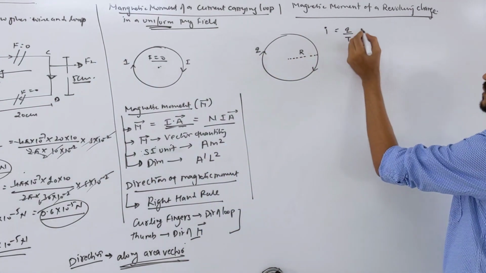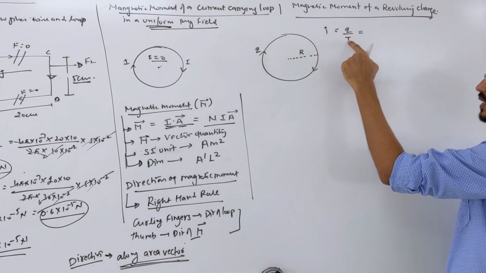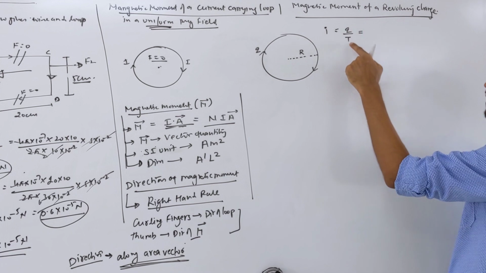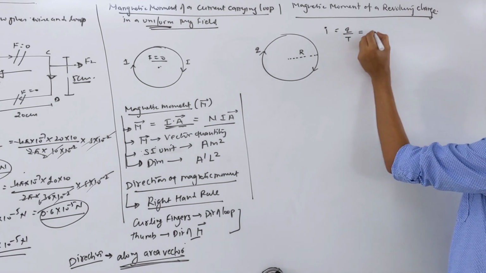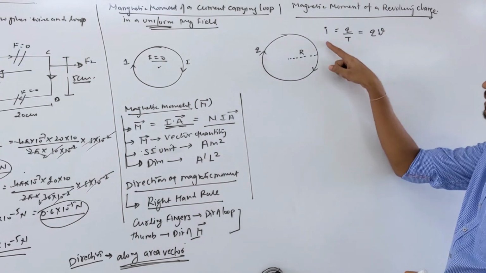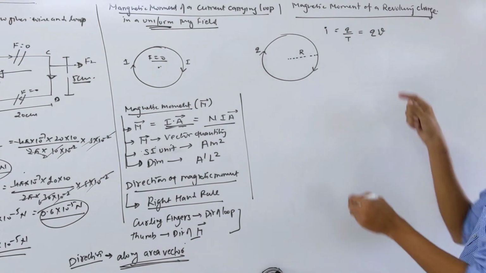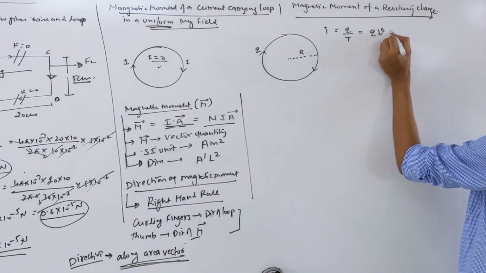So this formula you can also write as current equal to charge by time, and 1 by time period is also called frequency. You can write q into nu. So current is also equal to charge into frequency.